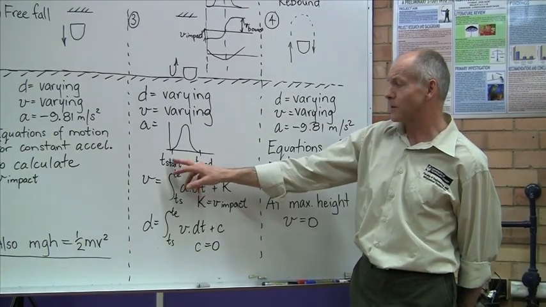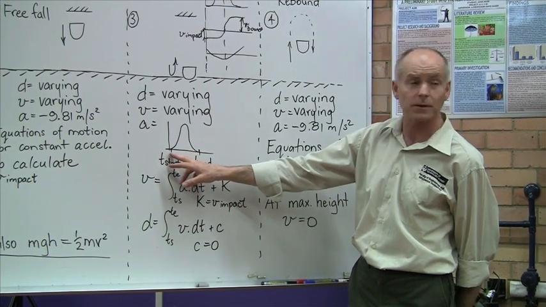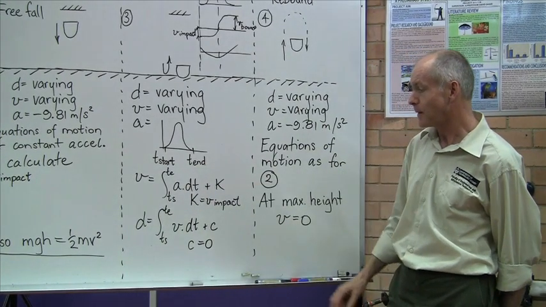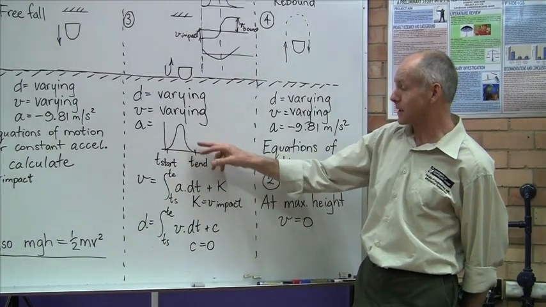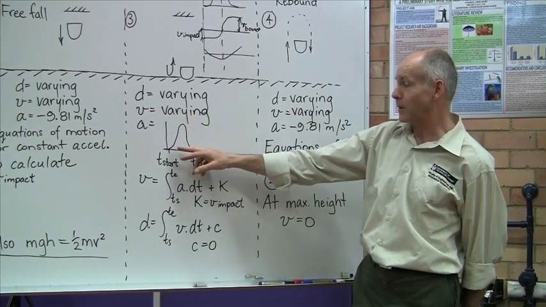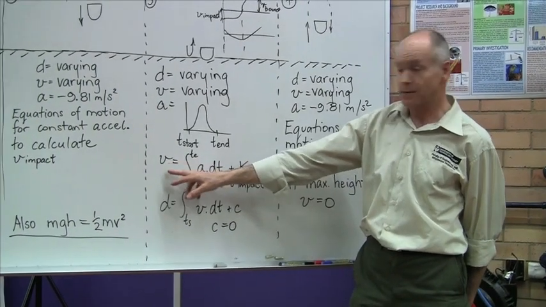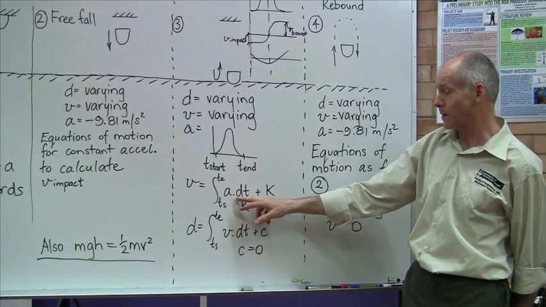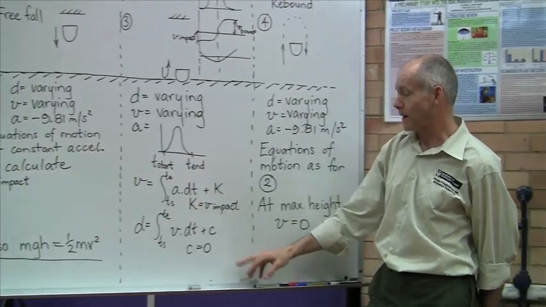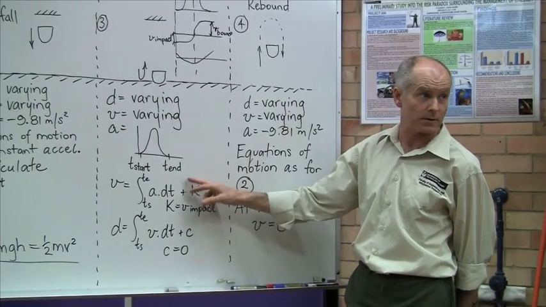The convention we use for the beginning and end time marks of the impact is T start and T end. During this sequence, if the data we get is acceleration, if we integrate that acceleration, we get our velocity. So the velocity is the integral of acceleration dt, from T start to T end. Whenever we do any integral, we always get an integration constant.